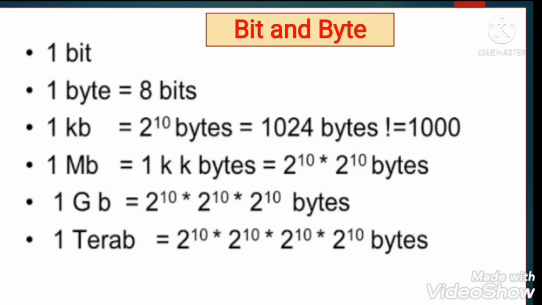That means you multiply 3 times of 1 kilobyte. Okay. And terabyte, that is 4 times of 1 kilobyte. So this chart is very clear to remember. I hope you try to remember this chart, because you will get this question in your MCQ.